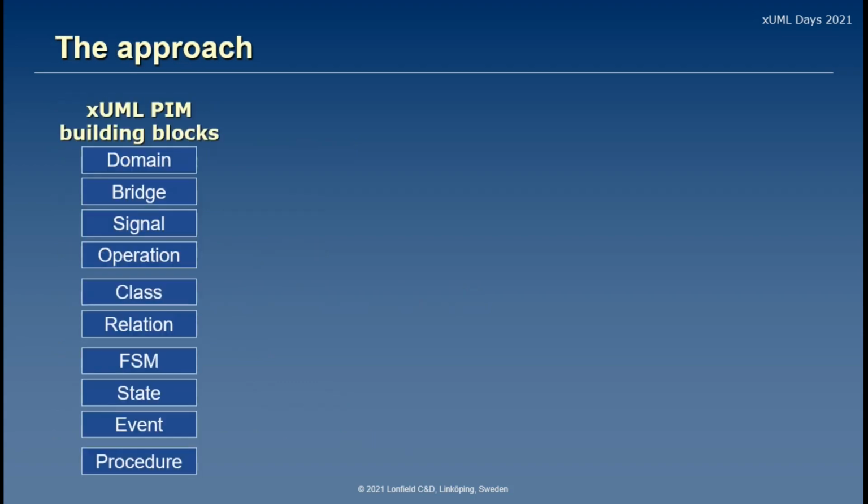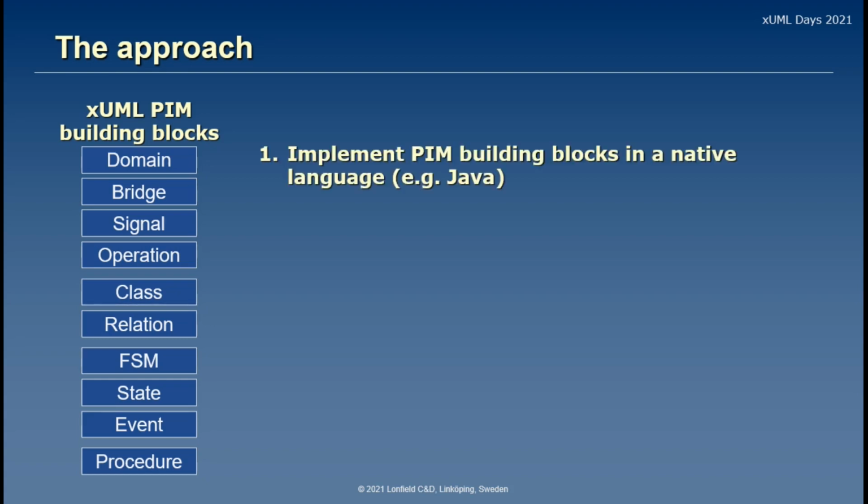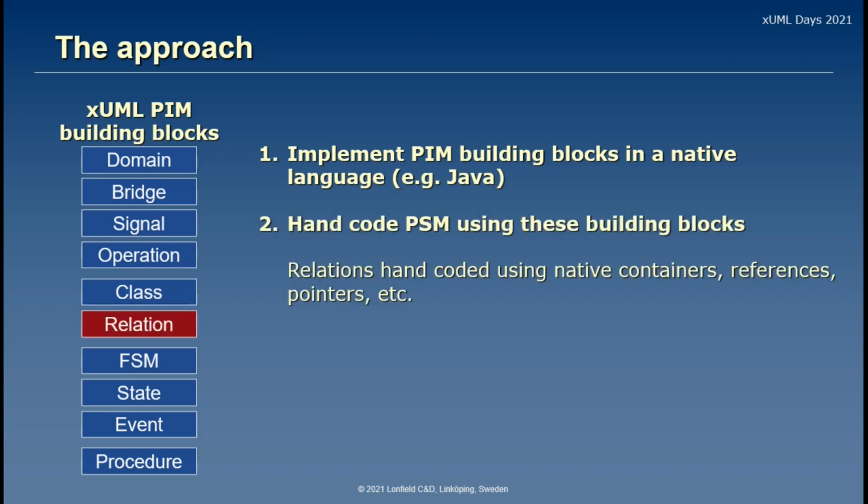I started with a list of the formal platform-independent building blocks: domains, signals, classes, states, and so on. Then, I implemented each building block using native Java templates. When that was done, I could simply use these templates to handcode my platform-specific model, compile it, deploy it, and finally run it on my Android phone.